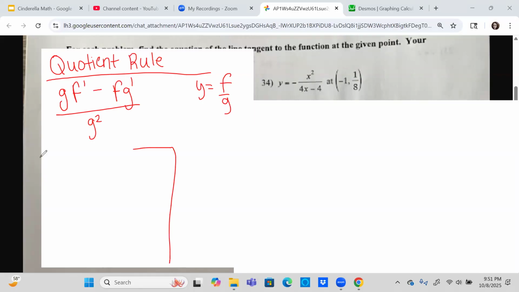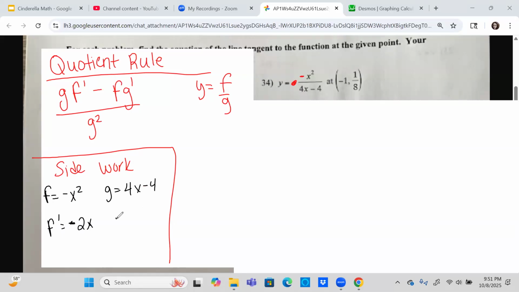Okay, side work. Again, scribble that negative out, put it on the top, otherwise it'll get lost. The top is f, so negative x squared, take the derivative, that would be negative 2x. The bottom is g, take the derivative, which would be 4. Okay, now we're ready. I'm going to do the quotient rule right this time.